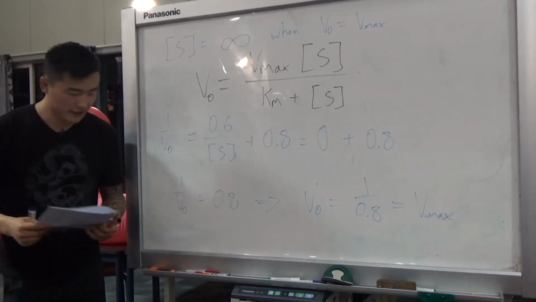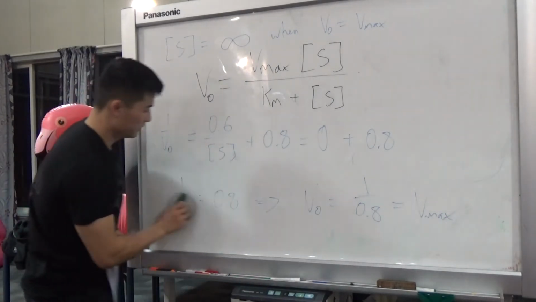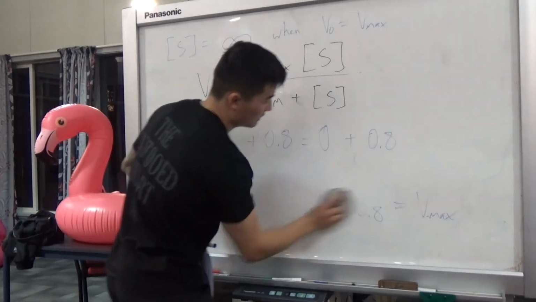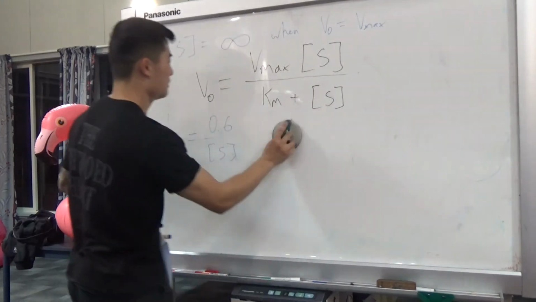One more question. When the substrate concentration is equal to 0.3 millimoles a liter, and the enzyme is operating at 10% of its maximum rate, what is the Km value?